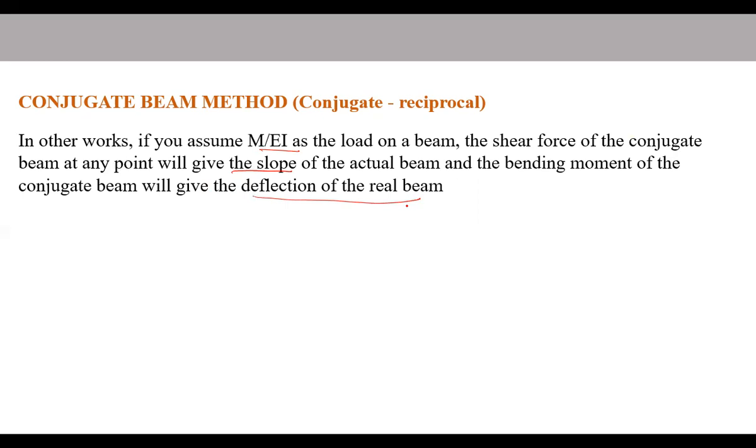So if you plot the M over EI diagram and apply it as a load on the same beam, you can simply derive shear force and bending moment at any point, and that's the slope and deflection at that point. Very easy. Although it takes considerable time, equal to what we take for the moment area method, what you get is a straight answer.